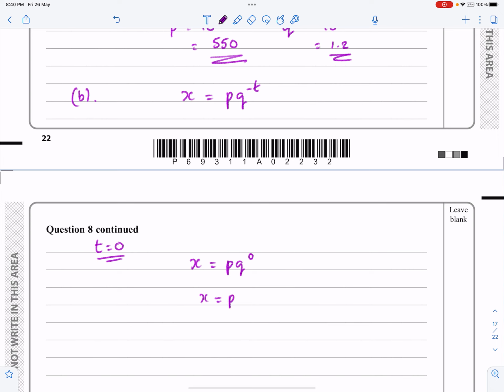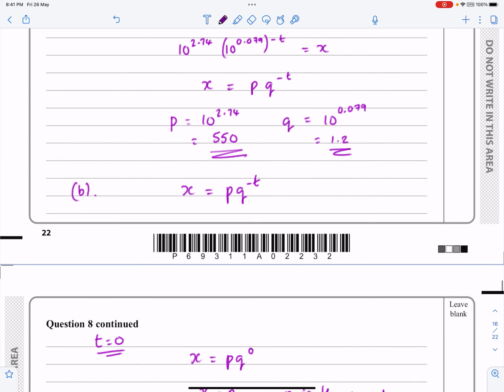So in other words, I get x equals p. So that's telling me p is the amount when t equals 0. So it's the amount at the start. Okay, so that's part B. A little bit of a clue there was the fact it was only worth 1 mark.